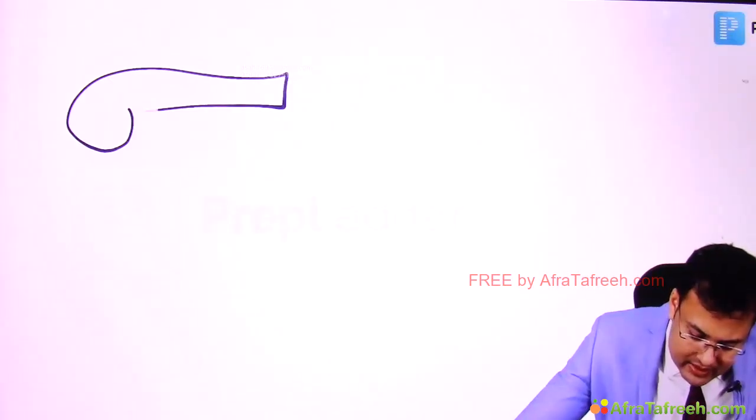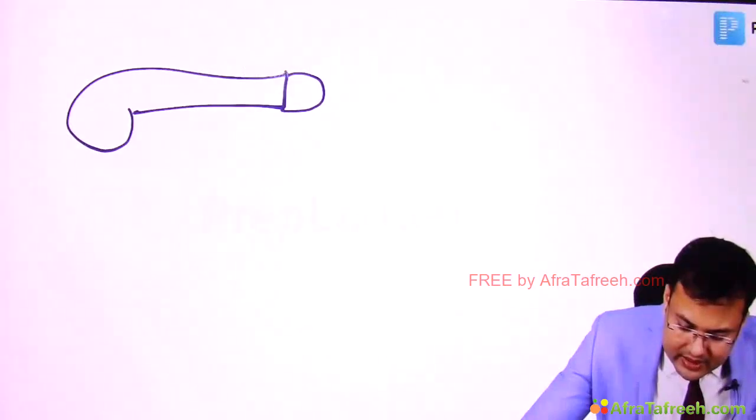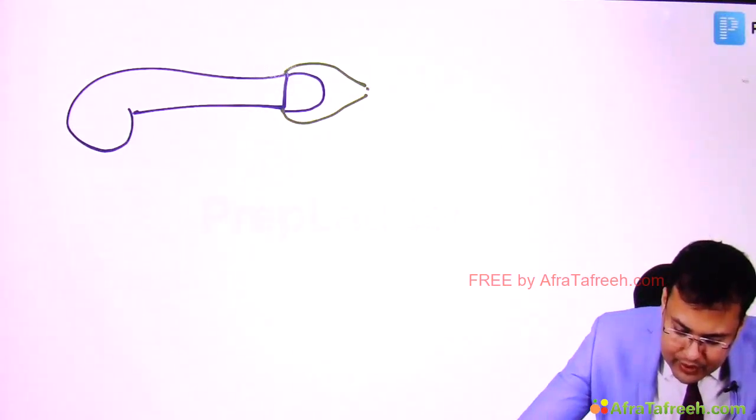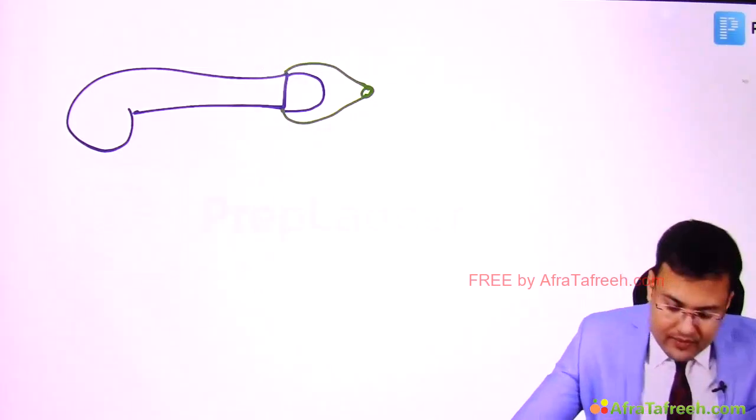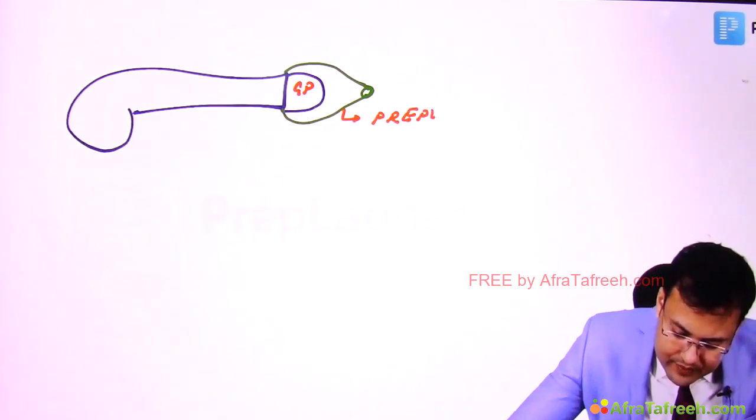Now see the anatomy of penis. Easy to understand. This is glans penis. Here you can see the foreskin or prepuce. And this is coronal sulcus.